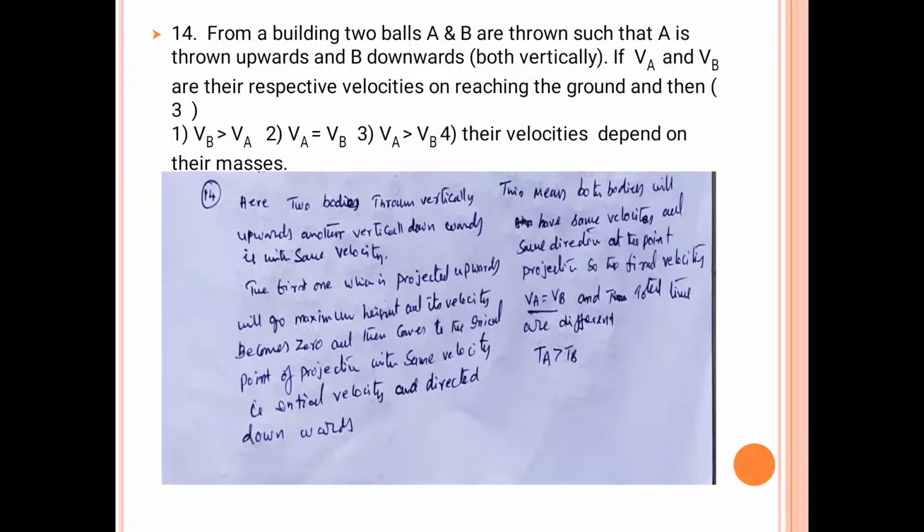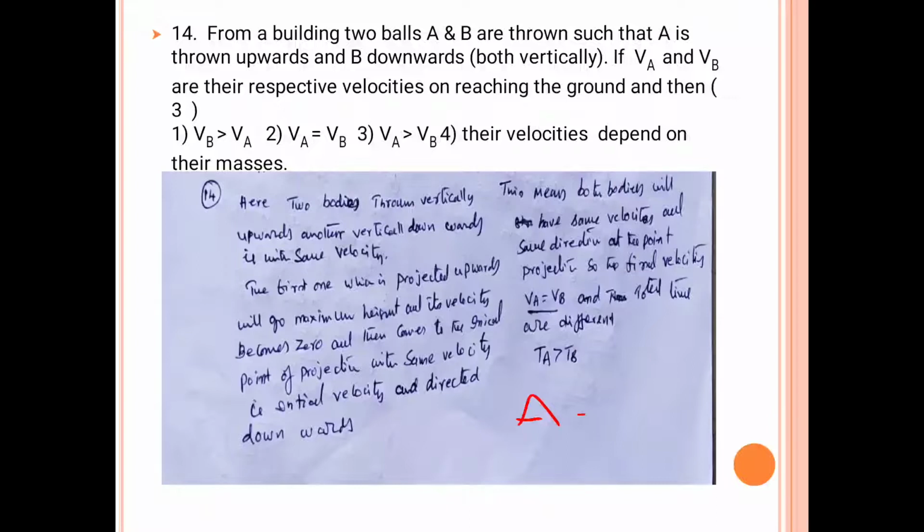Here the only thing is A will take more time, because it has to go upward from the point of projection up to the maximum height where its velocity becomes 0. Then once again it comes to the point of projection where its velocity becomes V once again, which is the velocity of B also, directed downwards.